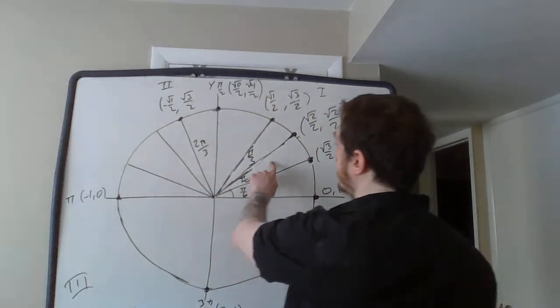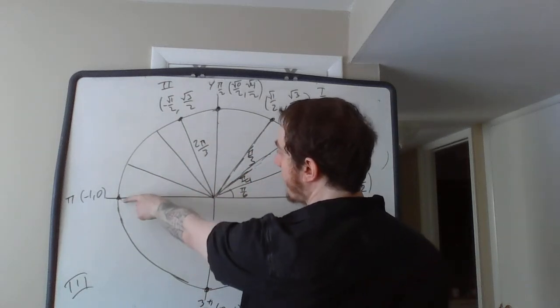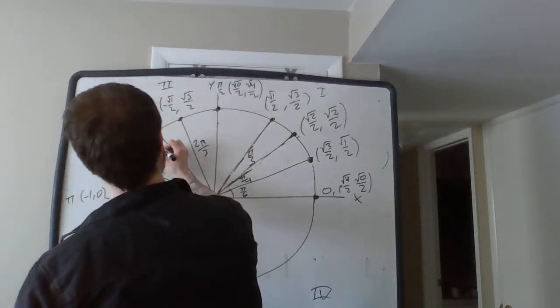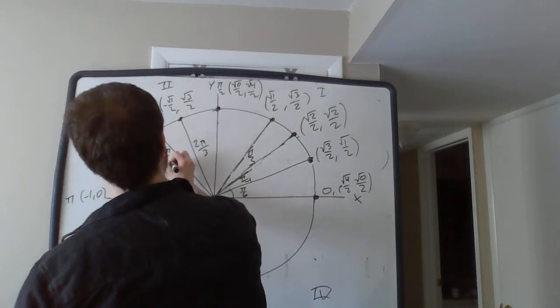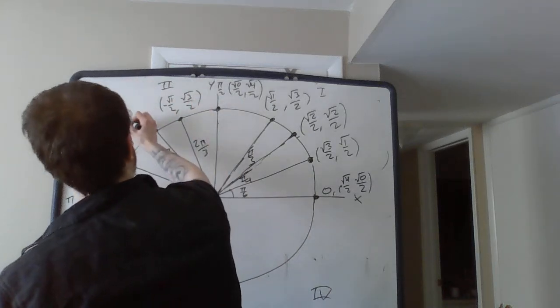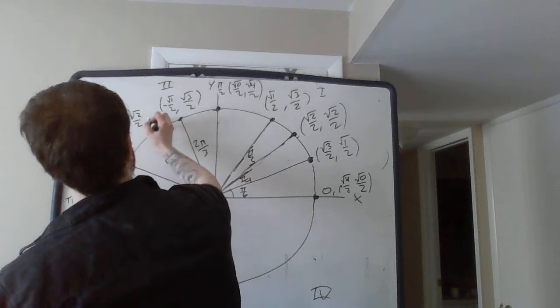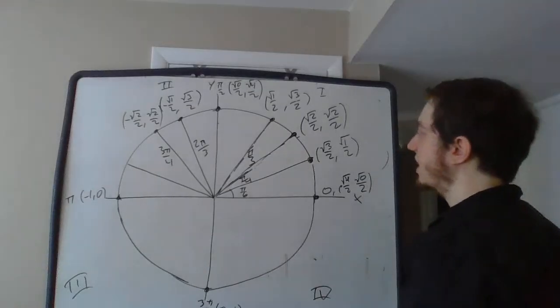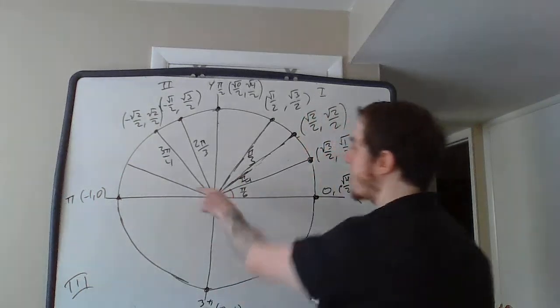Okay, what happens when I flip the pi over 4 angle? Well, now I'm pi over 4 less than pi, so that gets me to an angle of 3 pi over 4, and the x coordinate becomes negative square root 2 over 2, the y coordinate remains square root 2 over 2. What about when I flip the pi over 6?